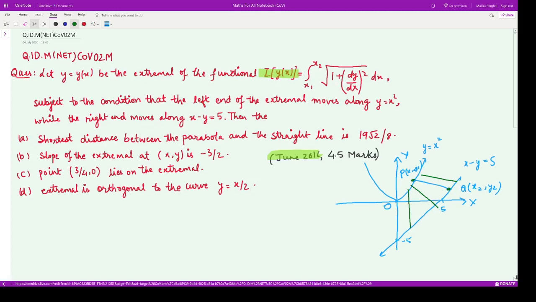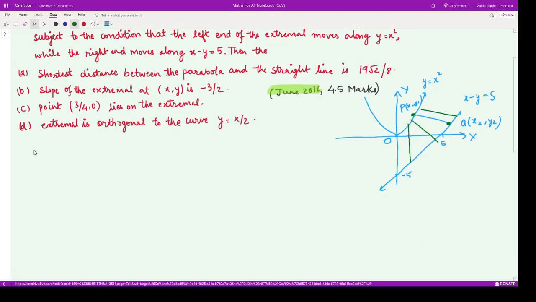To solve such questions where we have free endpoints, or in this case we are having endpoints on certain given curves, right?